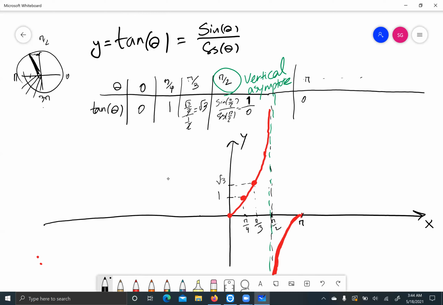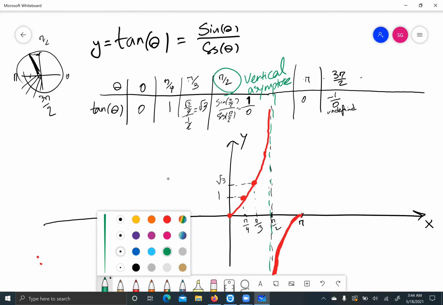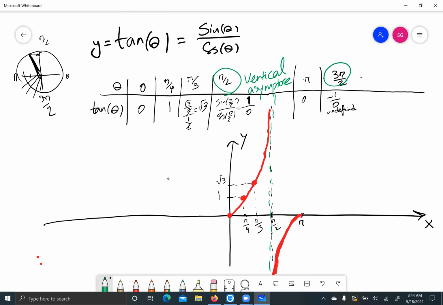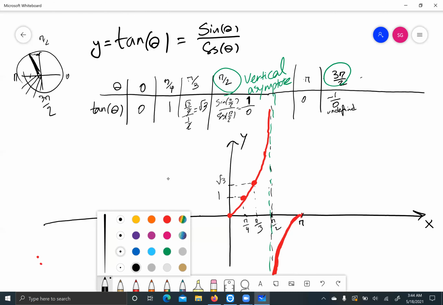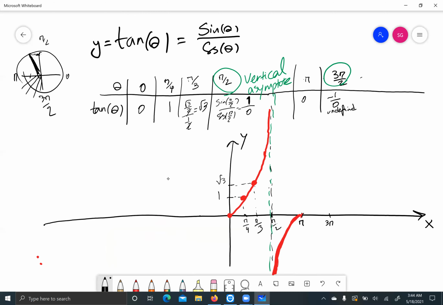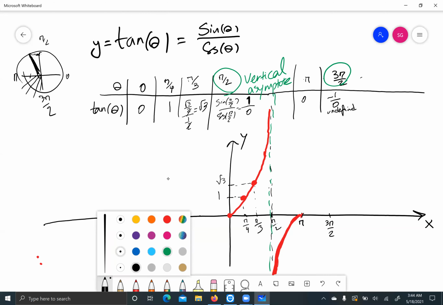And again, at 3 pi over 2, sine is -1 and cosine is 0, so again this is undefined. So again we get a vertical asymptote at 3 pi over 2.